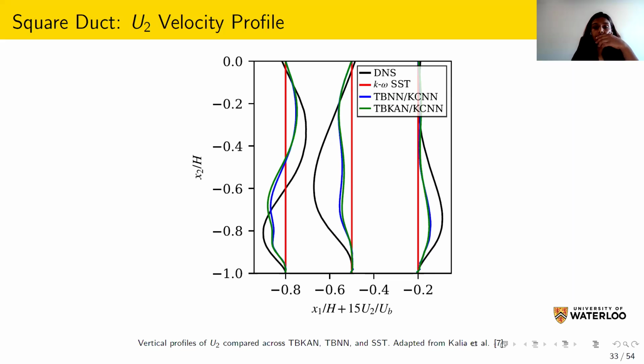Why is there a large difference between the DNS and the TBCAN? That's a good question. Let's think of it in perspective. U2 and U3 are the velocities in your y and z direction, right?